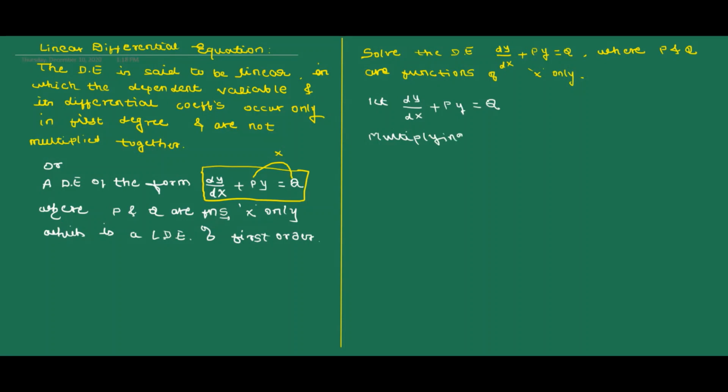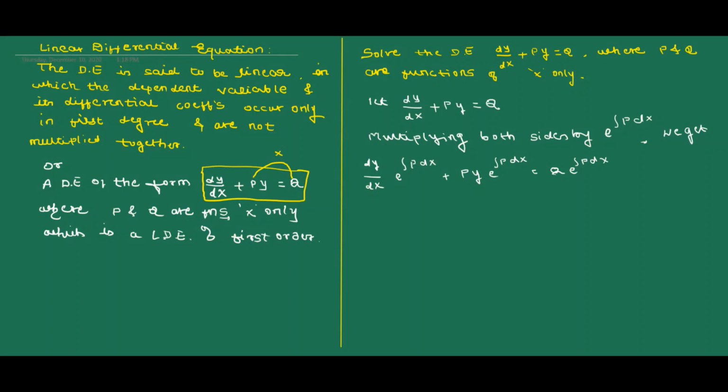e raised to integration of p into dx, we get, on the left hand side, dy by dx e raised to integration of p into dx plus p into y into e raised to integration of p into dx, is equal to the right hand side q into e raised to integration of p into dx.